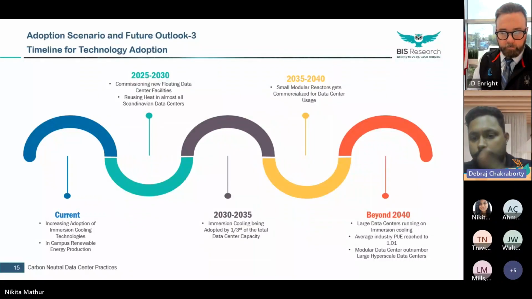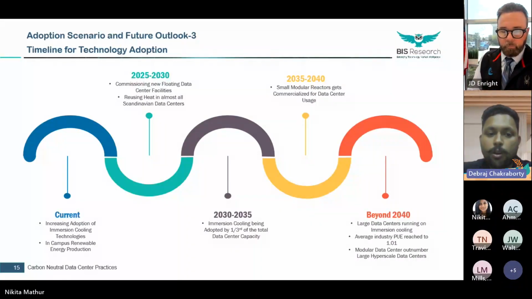So this is for all the overall technologies, a basic chart that we believe is somewhat true based on the current experience that we have. Currently, there is an increased adoption of immersion cooling technologies and in-campus renewable energy production. By 2025 and 30, we will see more new floating data center facilities.